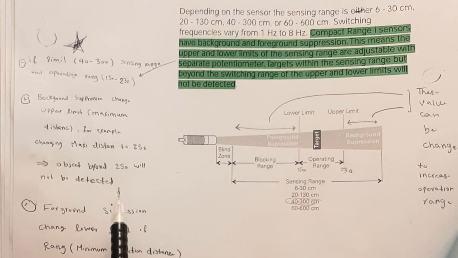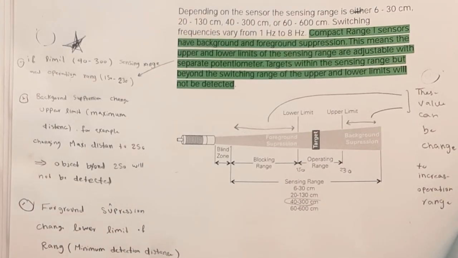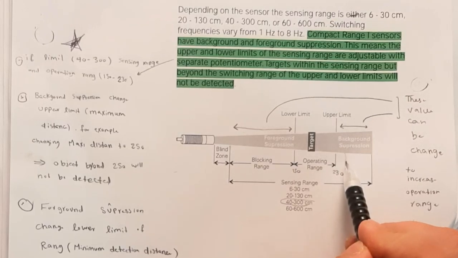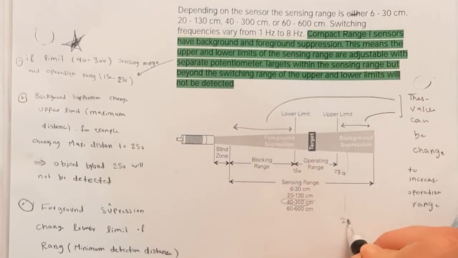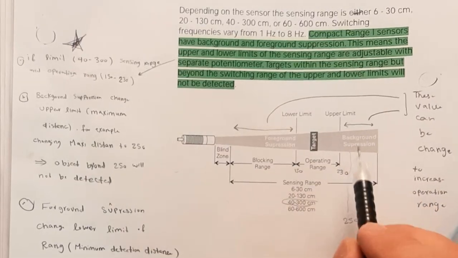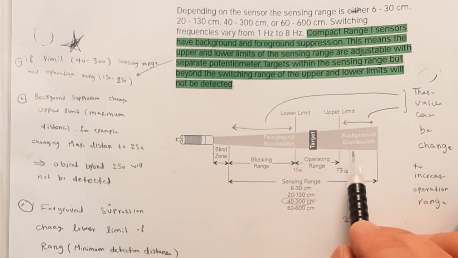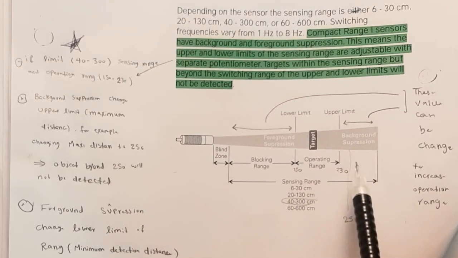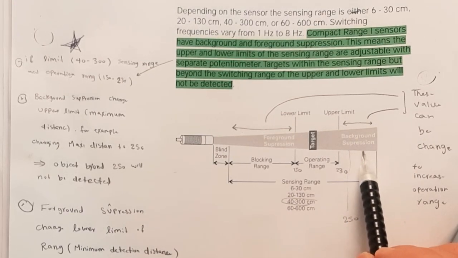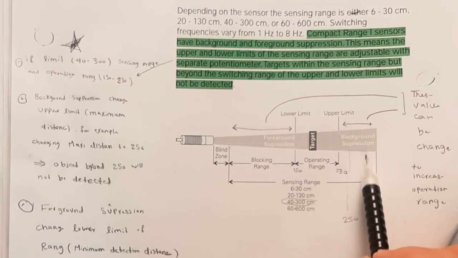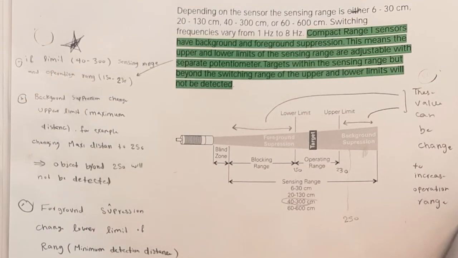So if I make the background suppression equal to 250, any object beyond 250 will not be detected. This is number one.